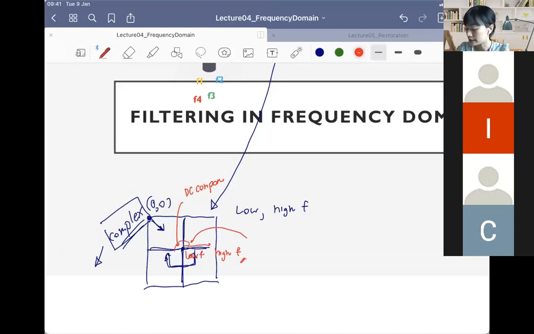So around the origin there will be low frequency, and outside you'll see the high frequency. Today we are going to work on filtering. We are going to filter an image in the frequency domain, basically separating an image into low frequency and high frequency, and we will see what the image actually looks like in low frequency and high frequency.